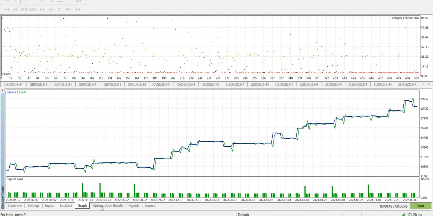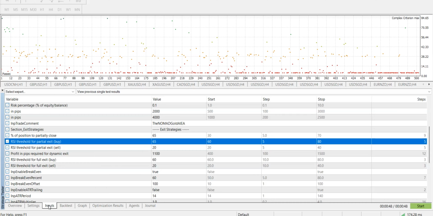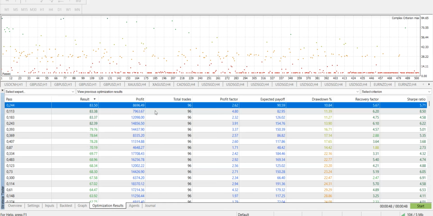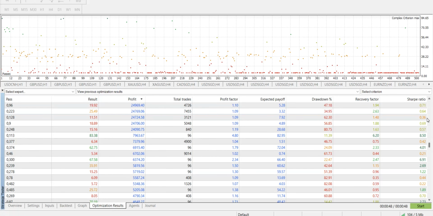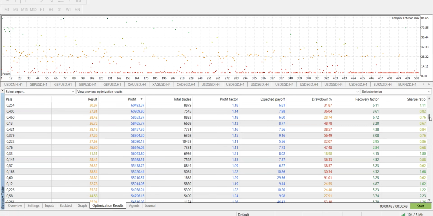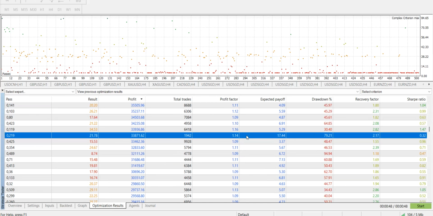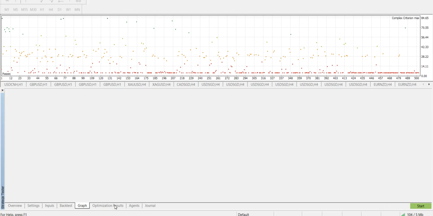So I think we can be very satisfied with this, and we only did a very low amount of optimization, which is also a key factor to not have over optimization, because if you do the full optimization with many parameters, you have a higher possibility of over optimization. It is not inevitable, but it has a higher possibility that way.